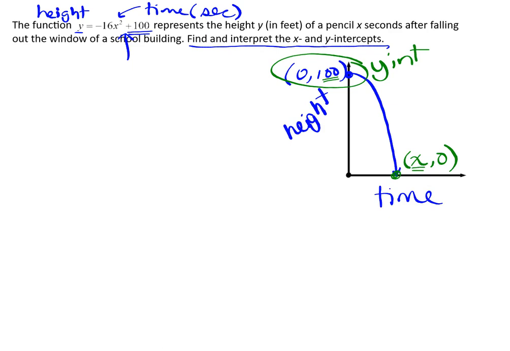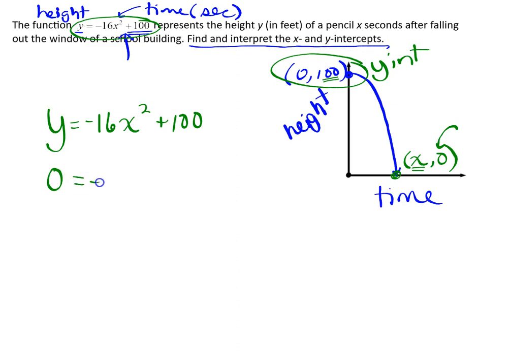So we're going to take our equation, y equals negative 16x squared plus 100, and we're going to fill in the only thing we know about this point, and that's that y is 0. When we're trying to solve a quadratic, we get it equal to 0, and then our next step is to factor it.